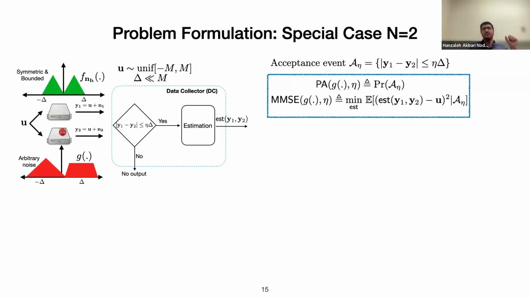The second important parameter is the level of the noise that is injected by the adversary, and we define that as MMSE, the minimum mean square error. For each noise function the adversary is utilizing, the data collector will use the estimation function that minimizes the estimation error.